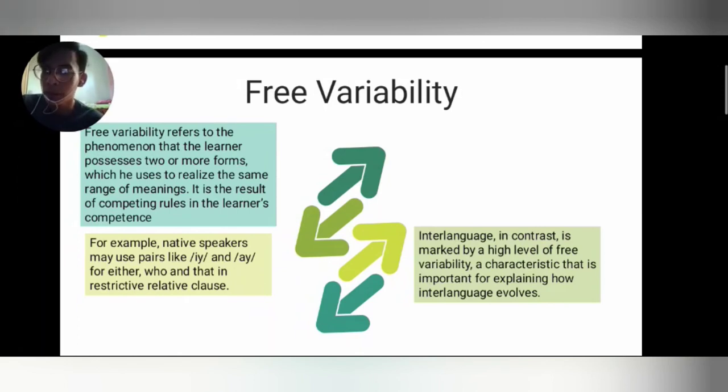For example, native speakers may use pairs like "that" and "which" for either restrictive or non-restrictive relative clauses. Interlanguage, in contrast, is marked by a high level of free variability, a characteristic that is important for explaining how interlanguage evolves.